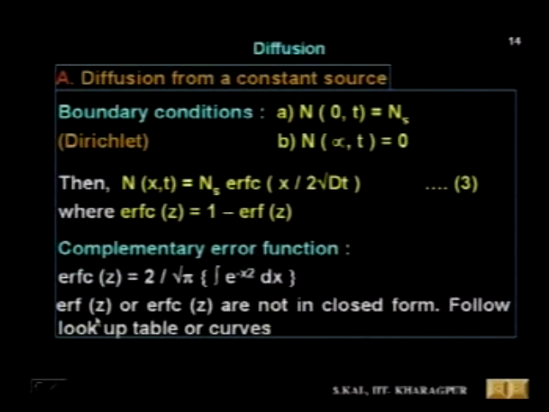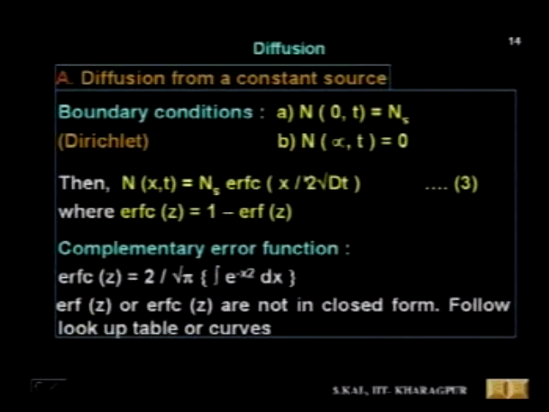erf z, the error function, or erfc z, the complementary error function, are not in closed form, and you have to consult lookup tables or standard curves to find those values under certain conditions. That means here you have to find the values of x by 2 root Dt, then consult a table. From that table you will get the erfc values, complementary error function values, and then you can have an idea of N(x,t).